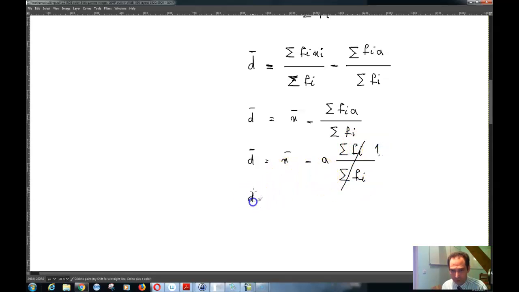So that means that d bar is equal to x bar minus a. And so basically x bar is equal to d bar plus a.